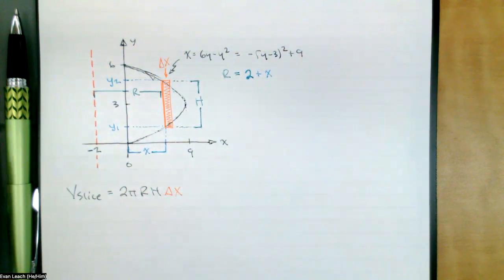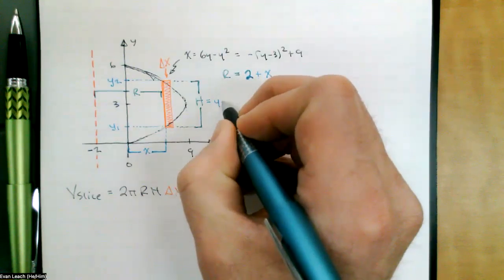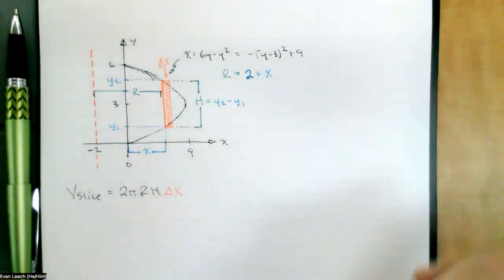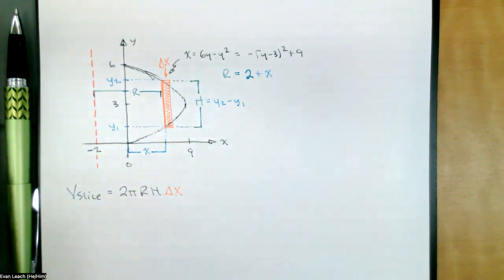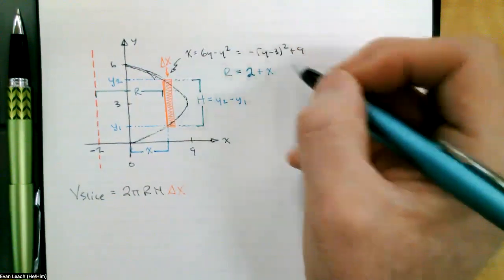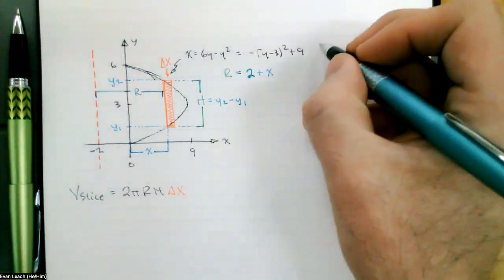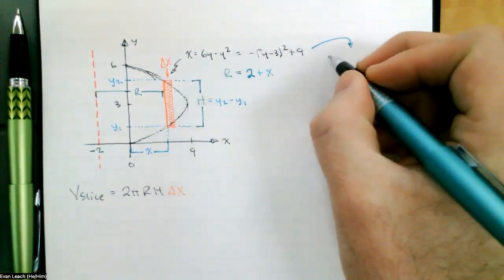Our height is the difference in y values. It's y2 minus y1. So I need expressions for these two y values because the delta variable is delta x, which means I need to turn my equation around. I need to adjust. I need to solve this function for y. So first we'll subtract 9.